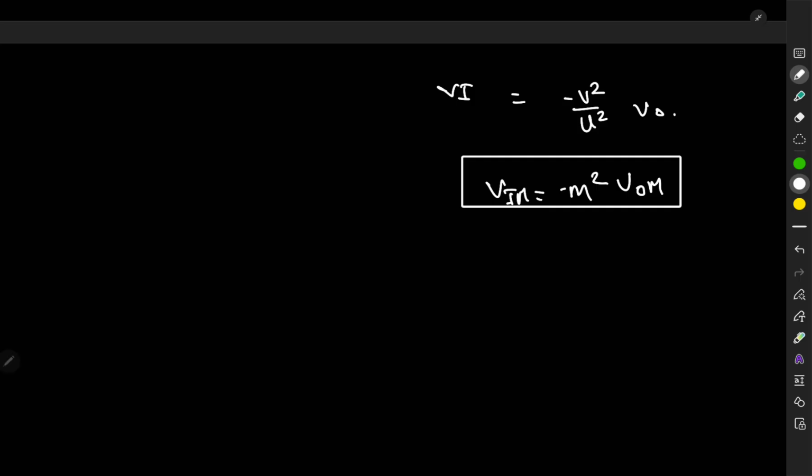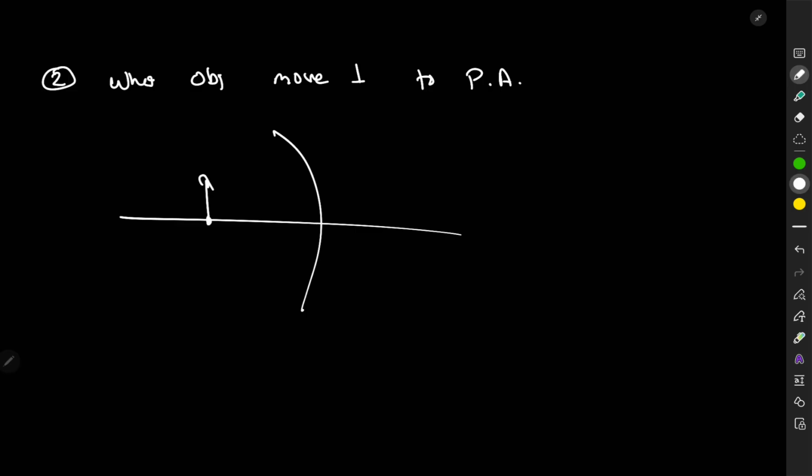Okay, let's move to the second case. When the object moves perpendicular to the principal axis, like this. So in this case, hi by h naught is minus v by u.